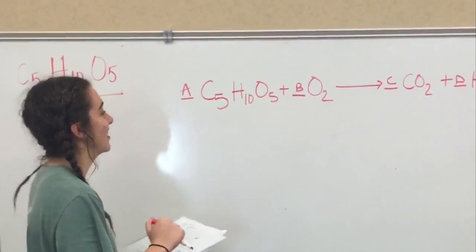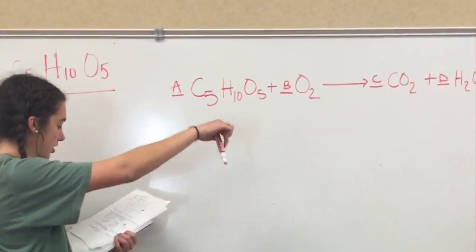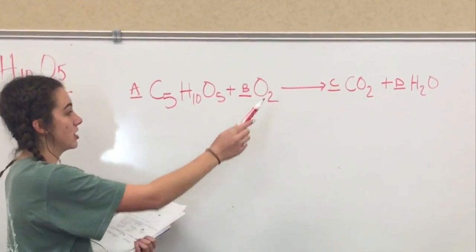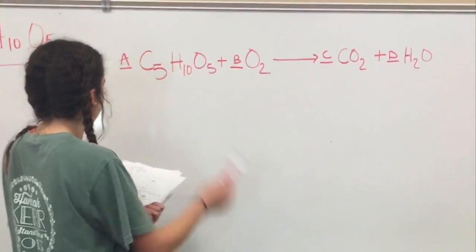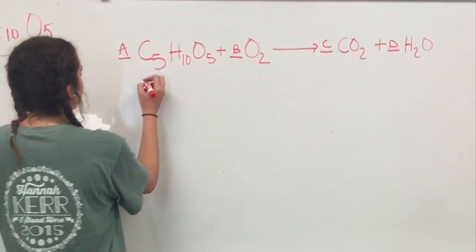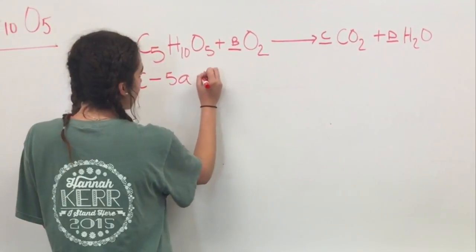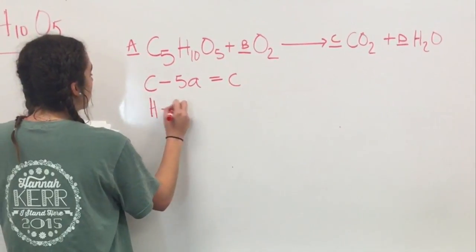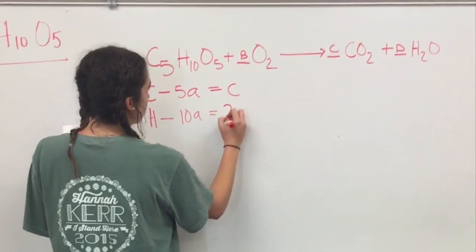Okay, so for question number 5, we're asked to balance the equation of our molecule combined with oxygen, and we know when something reacts with oxygen that it is a combustion reaction, and so our products are carbon dioxide and water. So we have each thing labeled A, B, C, D. And so for carbon, we have 5A equals C. And then for hydrogen, we have 10A equals 2D.